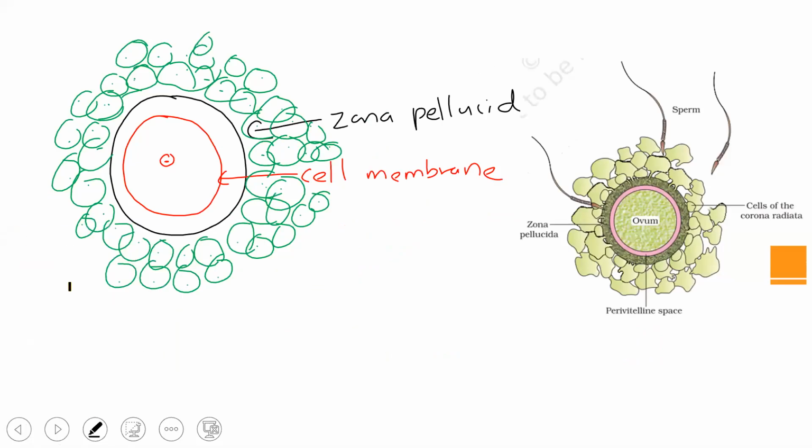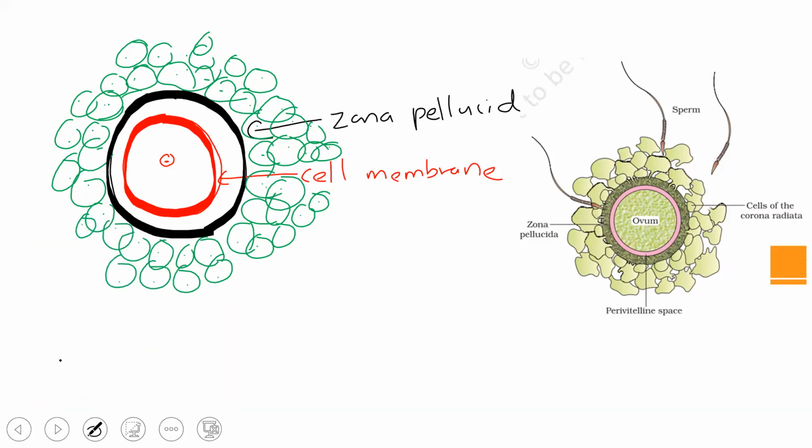This is what we call the zona pellucida, and then inside there is the cell membrane. Now see, the zona pellucida is a non-living layer.